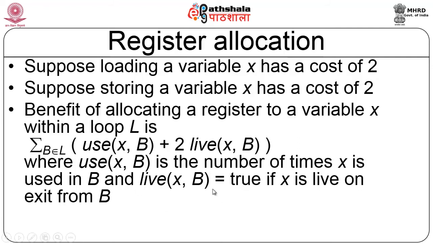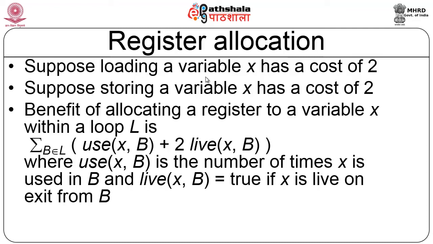So use this formula: whichever variable has the maximum quantity can be given a dedicated register. Supposing I swap this variable back and forth from a register, if it is going to live after the basic block, that variable has to be loaded back to the register for computation. So you store the variable back from the register to the variable, which costs 2 units, and then restoring it back to the register costs 2 more units.